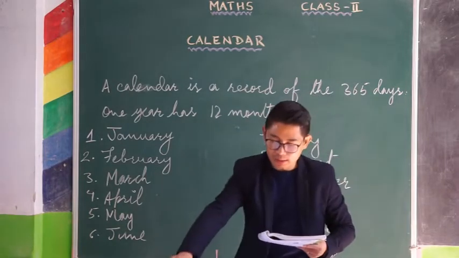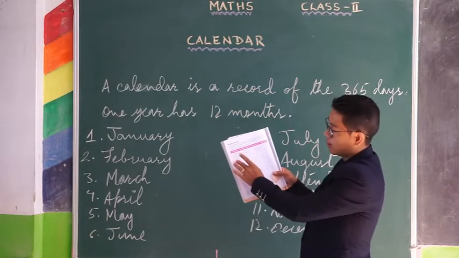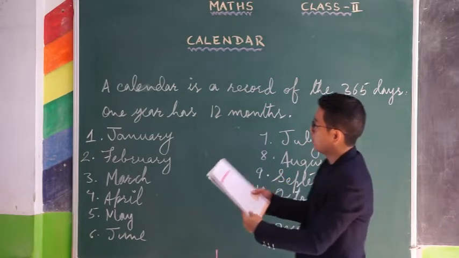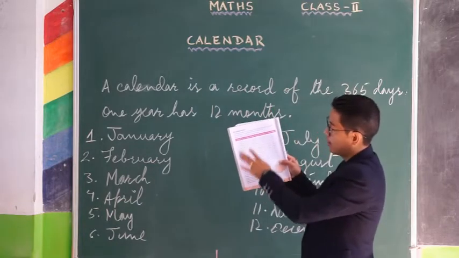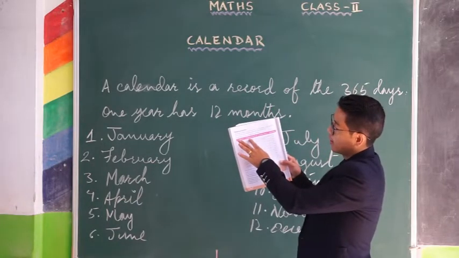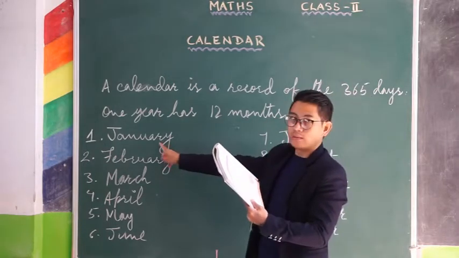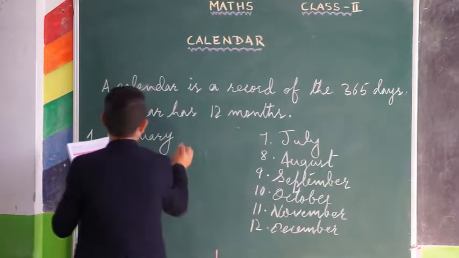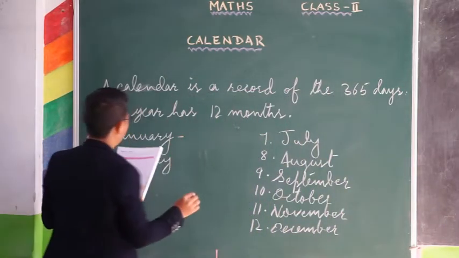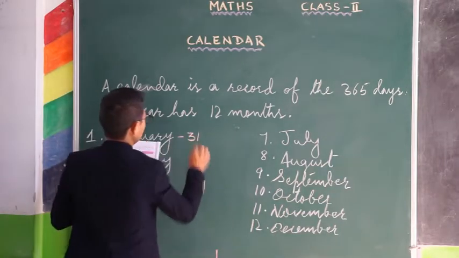So here in the book it is given months, number, first month, second, third month, like this, in the first column. And then in the second column, months of the year, January, February, same. Now number of days, so let's write the number of days as well. January, it is 31.